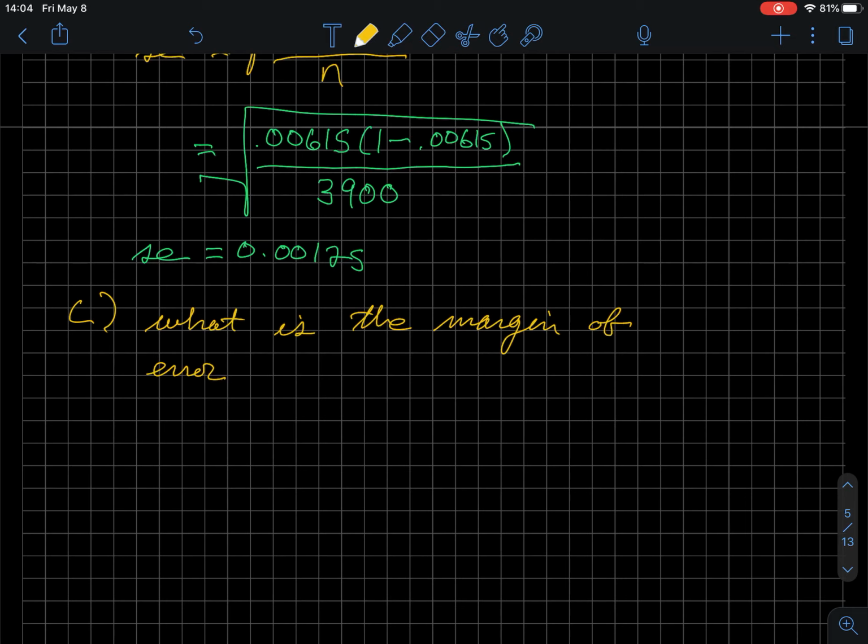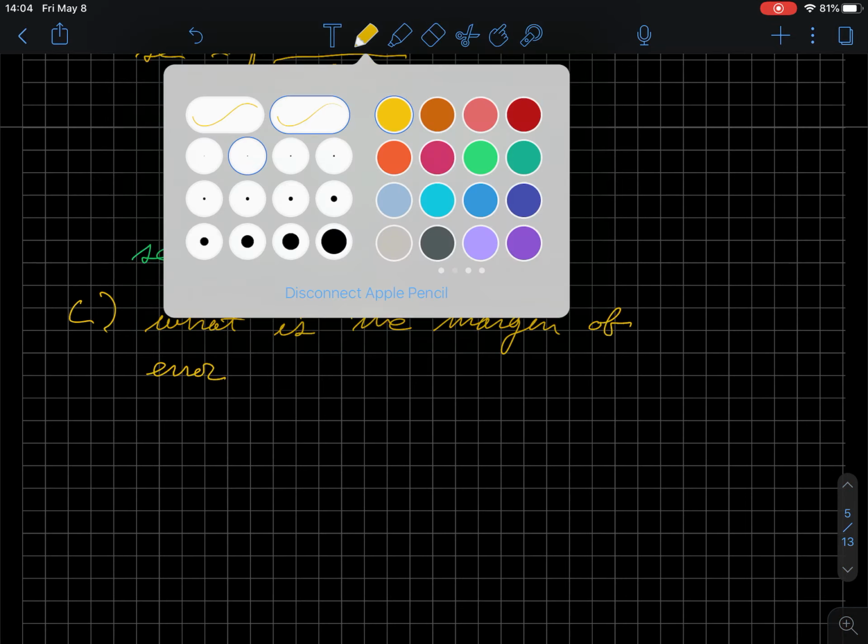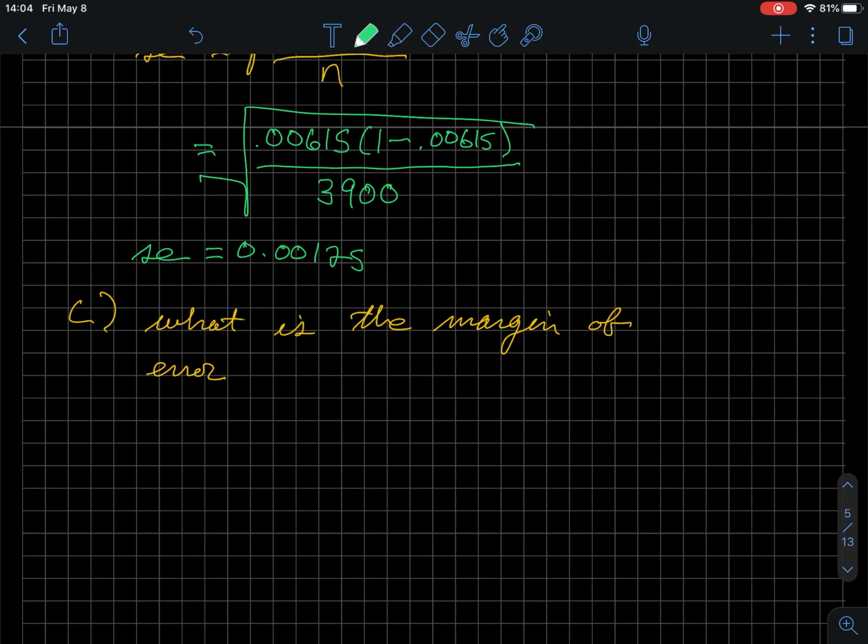If we're finding it for a 95% level, so that is key, we know that's 1.96 times 0.00125, and this is going to be equal to 0.00245.